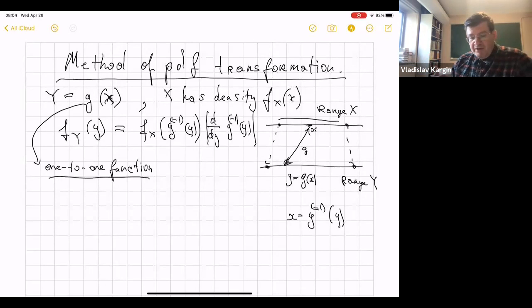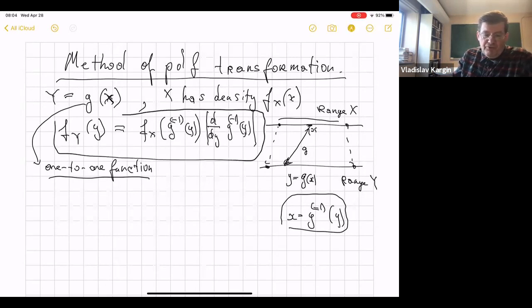This is needed because we want to have this inverse function g minus 1 of y. If there are 2 points which go to one y, then it's not clear how to define this inverse function g minus 1. Okay, so this is a very easy formula, the essential formula that we have, very easy to use in practice.